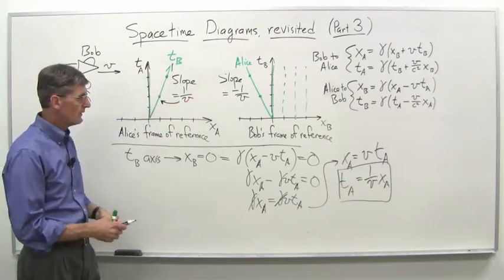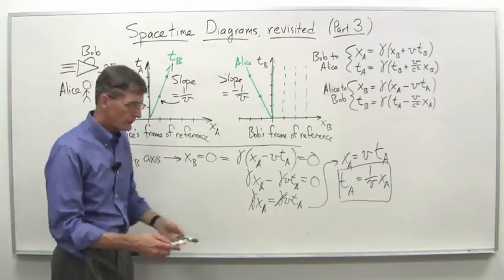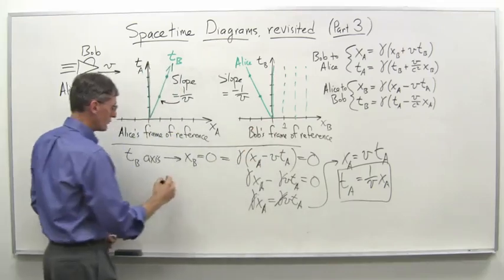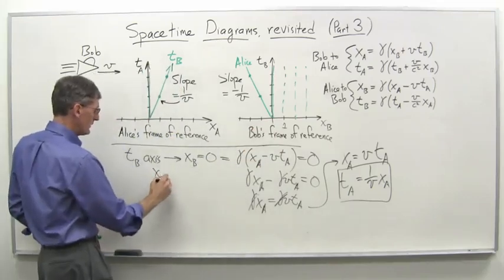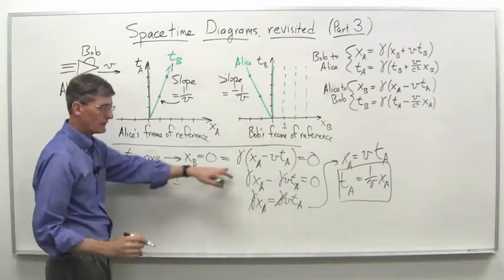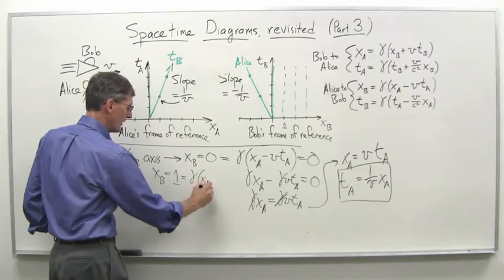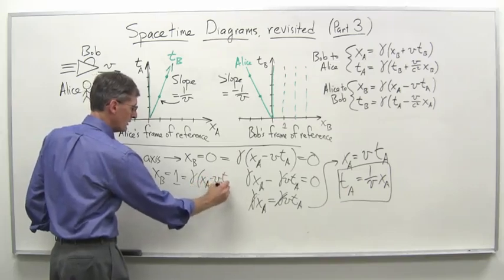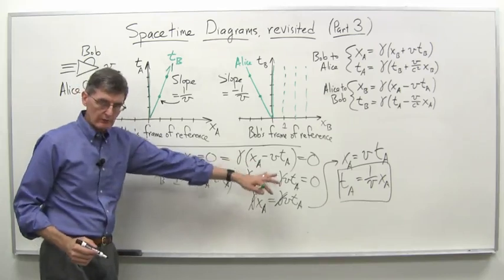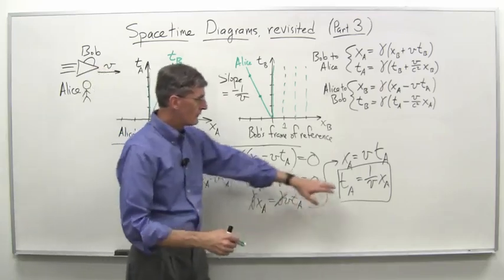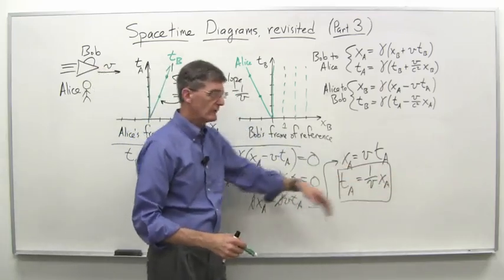Well, to do that, this line is xb equals 1, and by the Lorentz transformation, that equals gamma times xa minus v ta, and with just a little bit of similar algebra we could get an equation somewhat similar to this, although this time we'd have a y-intercept value in there.